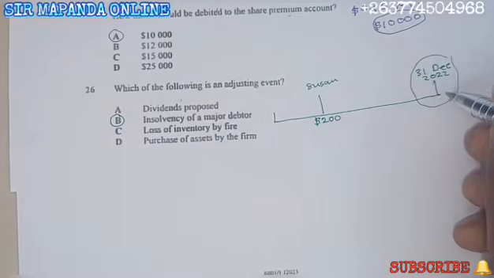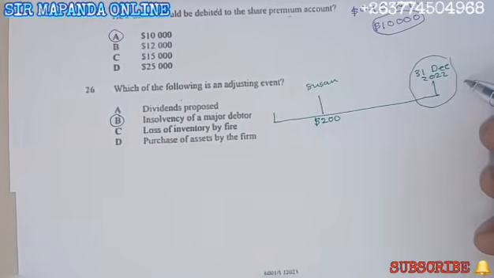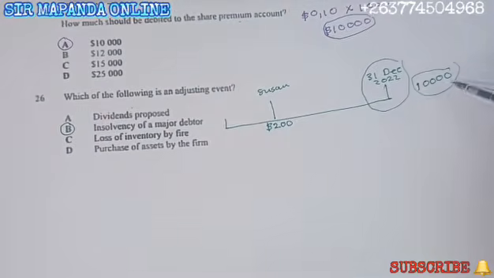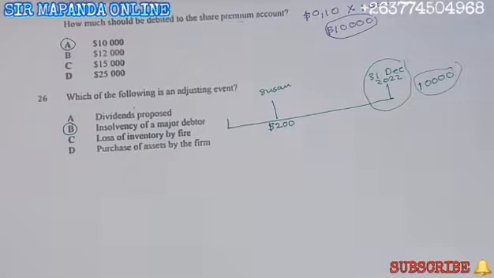So the debtors as at 31 December 2022, if the amount of debtors is 10,000, we need to adjust this 10,000 by removing 200 to get 9,800. I hope you are following.